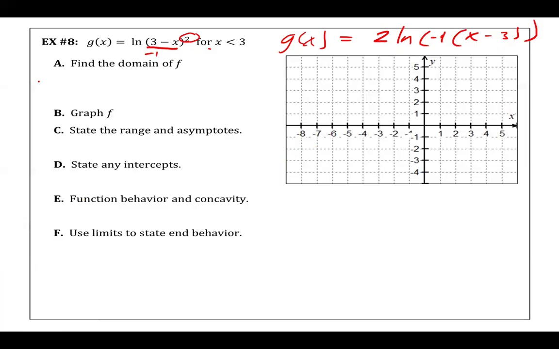Okay. So after you have fully put it in its transformation form, where does your domain start? At 3, and then continues to positive infinity. Your range is still always going to be all real numbers. And where's your asymptote?